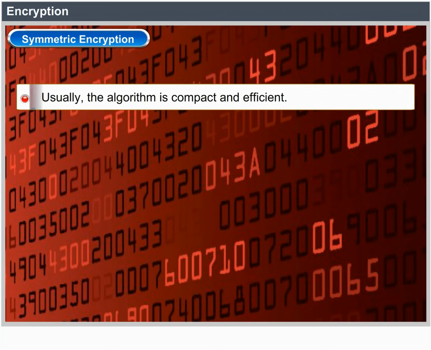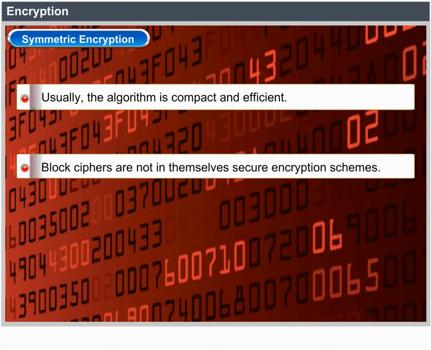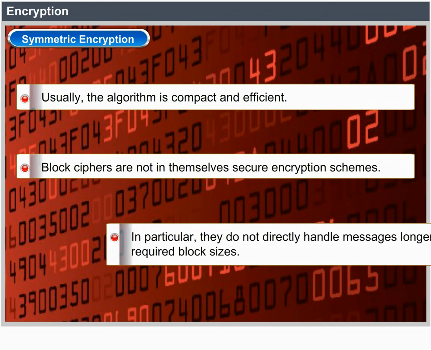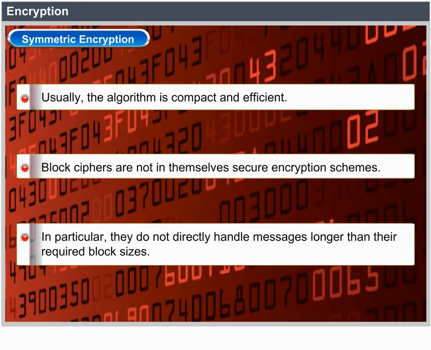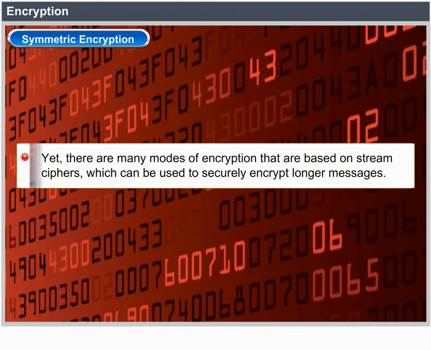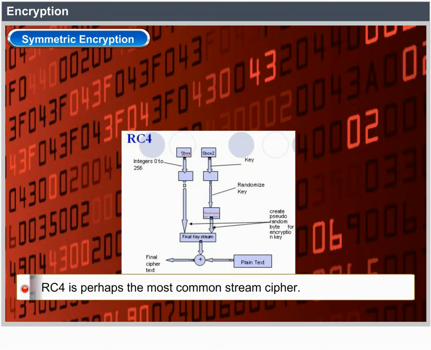Block ciphers are not in themselves secure encryption schemes. In particular, they do not directly handle messages longer than their required block sizes. However, there are many modes of encryption that are based on stream ciphers which can be used to securely encrypt longer messages. RC4 is perhaps the most common stream cipher.